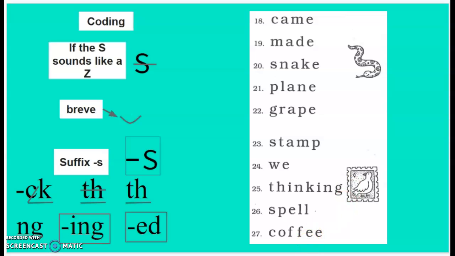I don't have enough time to go through coding with you, but go ahead and code 18 through 27. Don't forget when we have that sneaky E, cross it out. If you don't hear the E make a sound, it needs to have a line through it. K-aim. We need to put a macron above the A and a line through our E. When you're finished, unpause the video and go to the back.